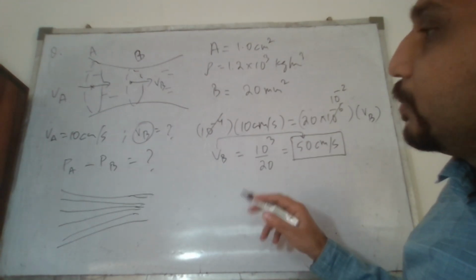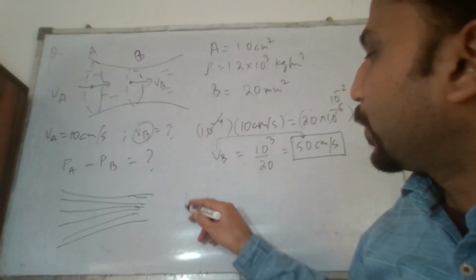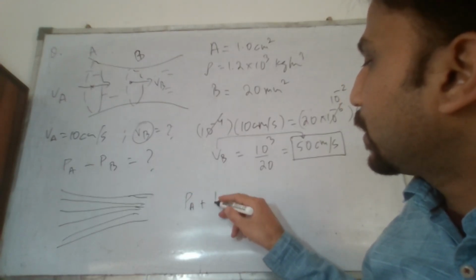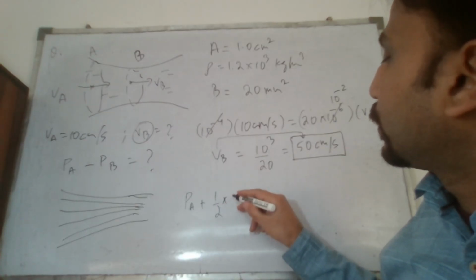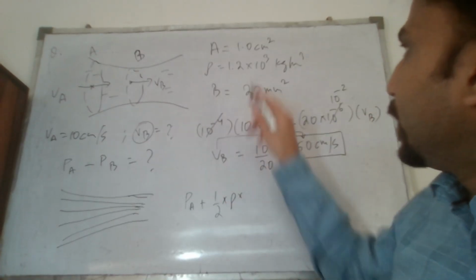Now we'll use the Bernoulli theorem. We'll say pressure at A plus half rho, whatever the value of rho is, into VA squared.